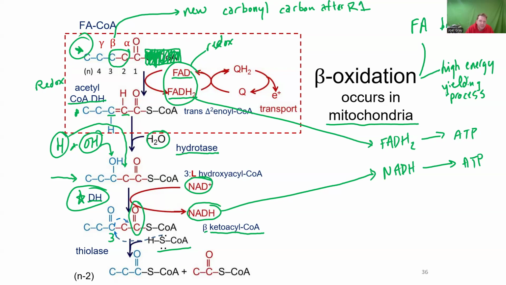Whenever that happens, that is going to displace the two carbons and coenzyme A. Remember what I said about every round of beta oxidation, you're cutting two carbons off at a time. Here is where we do it. Beta ketoacyl CoA displaces this first carbonyl and carbon number two, so carbons number one and two from that original chain.